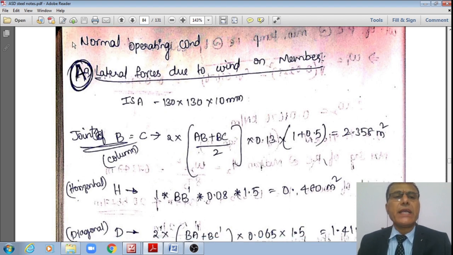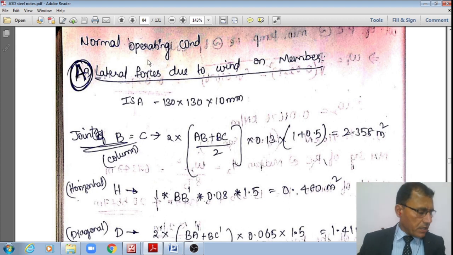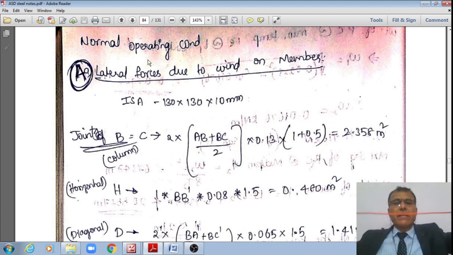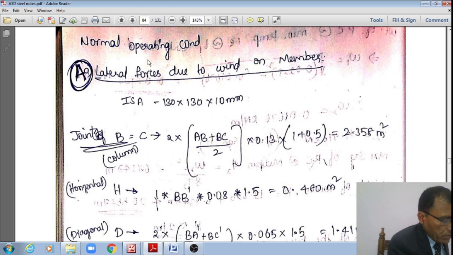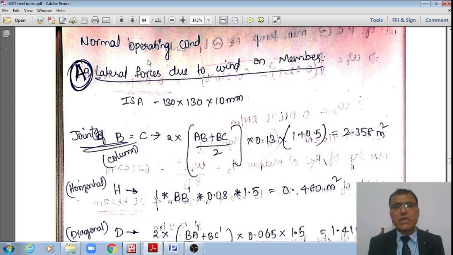Now I'll take the very first bit, under normal operating condition, meaning no snapping of the wires, everything is intact. Under such conditions, I need to calculate what the different forces acting are, and I'll do the analysis like this. I do have three types of forces.